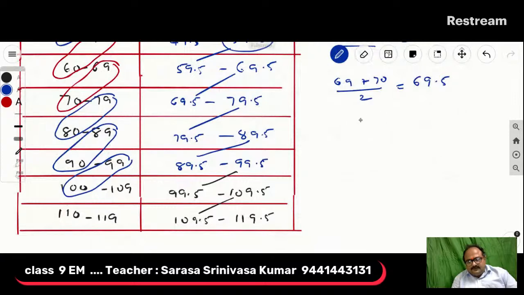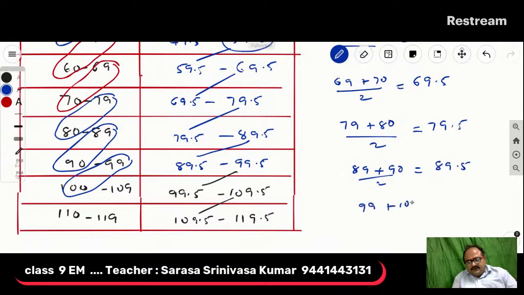I am writing 79 plus 80 by 2. This is equal to 79.5. Next 89 plus 90 by 2. This is equal to 89.5. Next 99 plus 100 by 2, 99.5.